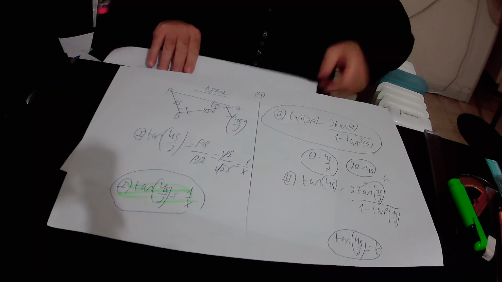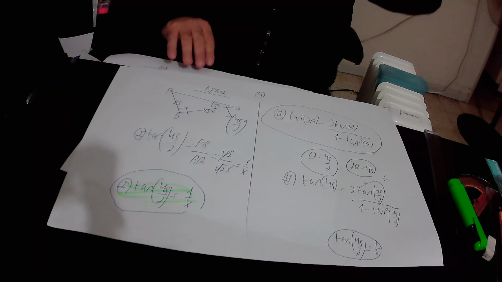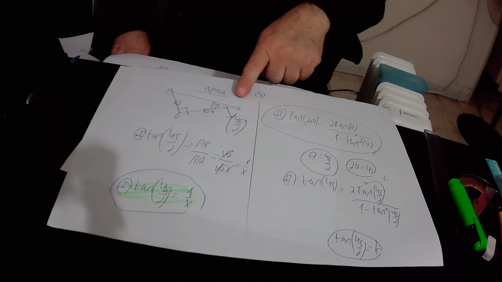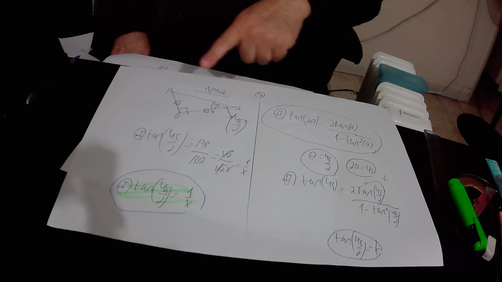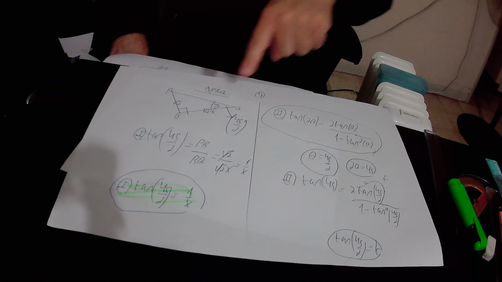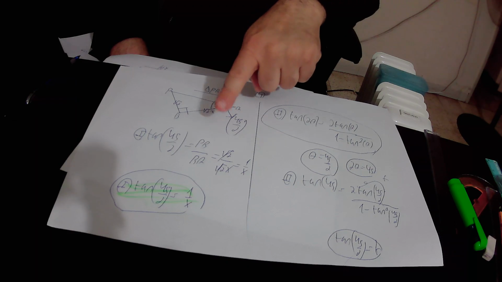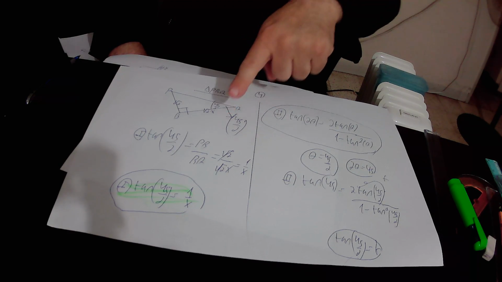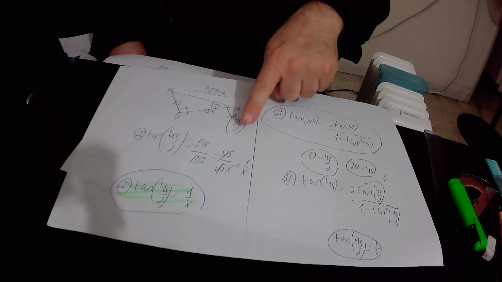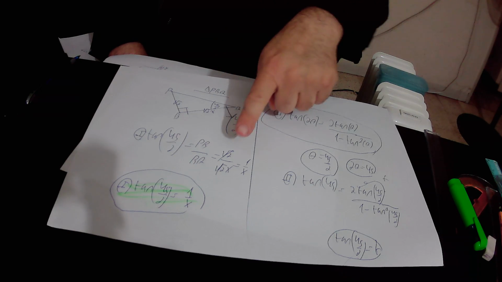So in the right triangle PBQ, tangent 45 over 2 degrees equals PB over BQ. PB is square root of 2 and BQ is square root of 2 times x.